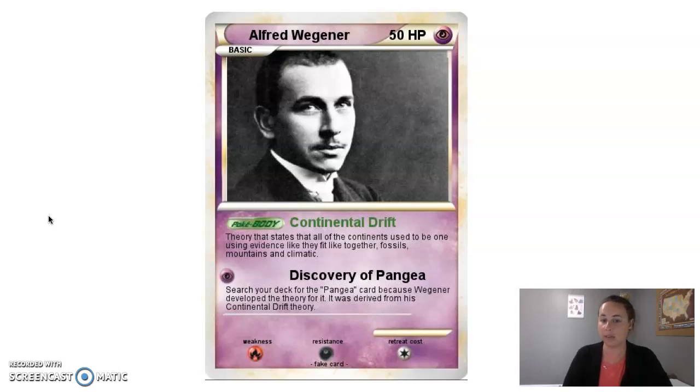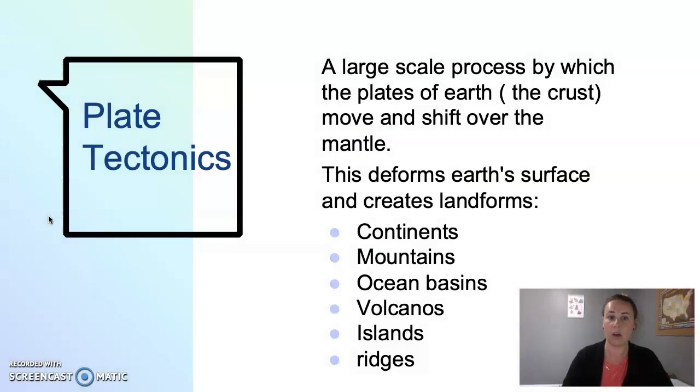Evidence like fossils, mountains, and matching rock types gave Alfred Wegener the idea that all these plates used to be one, and then they drifted apart. So our plates are moving, and they cause different things to happen.